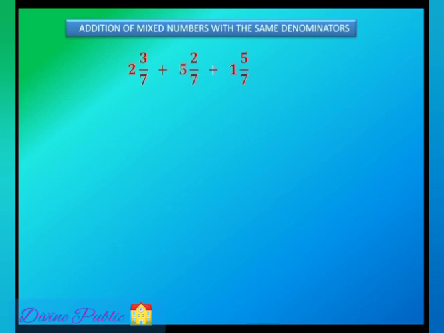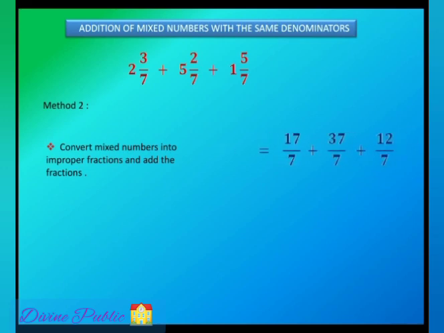Now dear friends, we will add all these given fractions in a different way, that is method 2. In method number 2, firstly we will convert all the mixed numbers into improper fractions and then add the fractions. So 2 whole 3 upon 7 equals 17 upon 7, 5 whole 2 upon 7 equals 37 upon 7 and 1 whole 5 by 7 equals 12 upon 7.